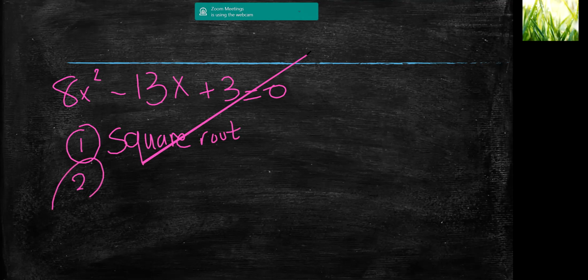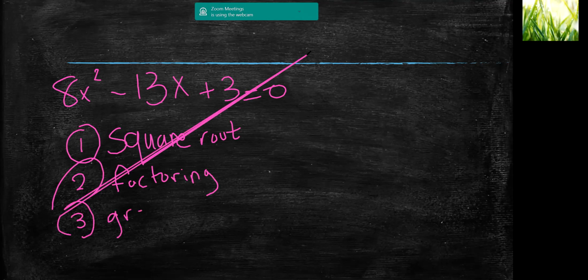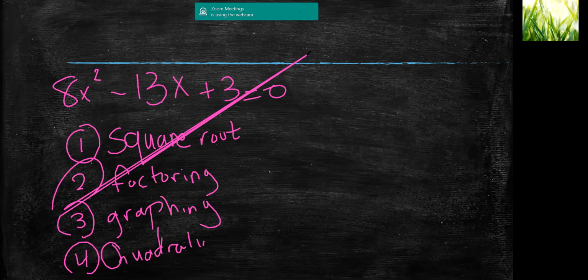Or should we use the factoring way? Or graphing? Or quadratic formula? The best method for you.